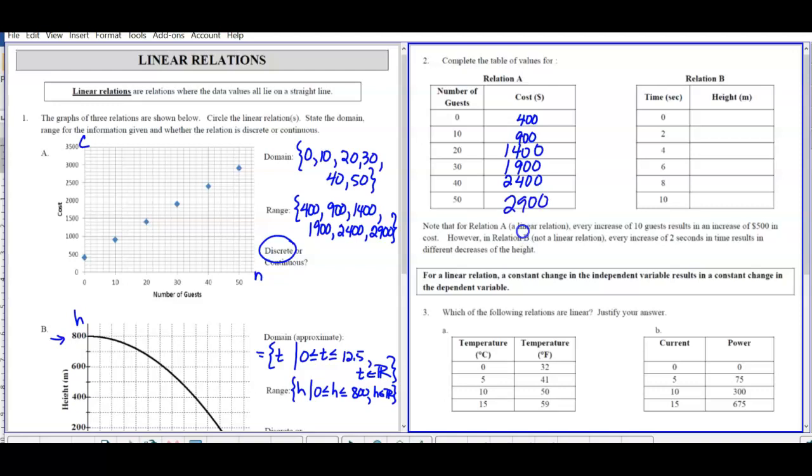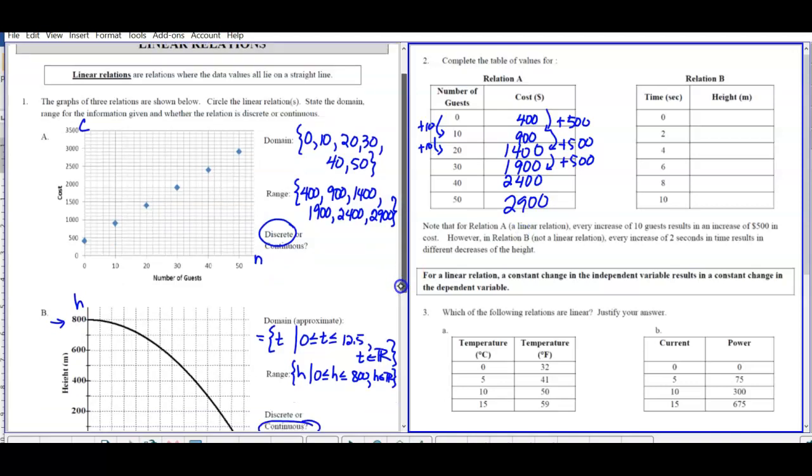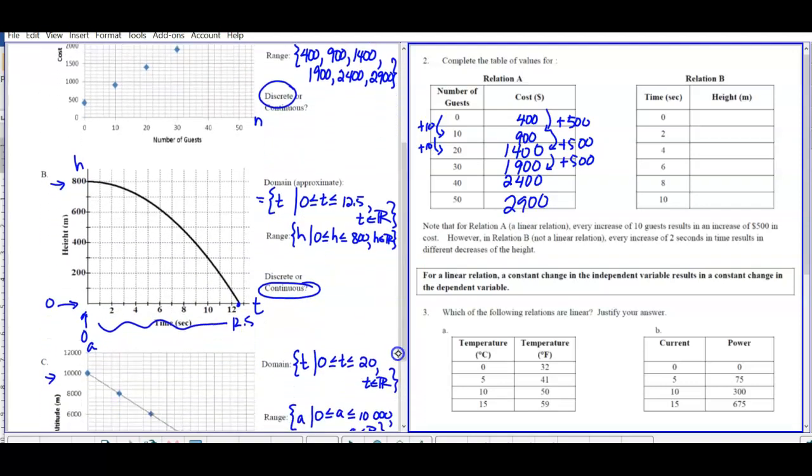If you take a look here, these are all increasing by 10. And for each increase by 10, this is increasing by 500. So you just want to make sure, that's another way of checking that it's a constant rate of change, which means it's linear. B, if we take a look at the relation for B, then time 0 is 800.